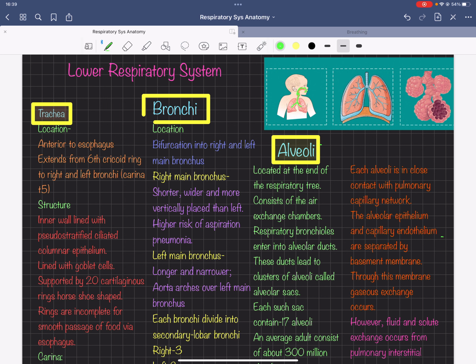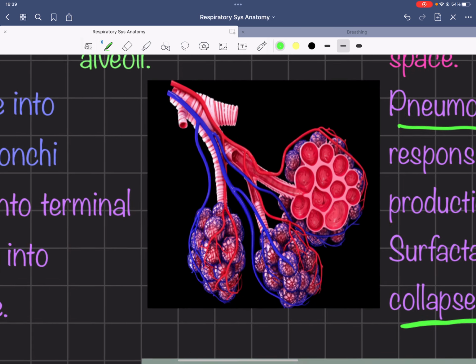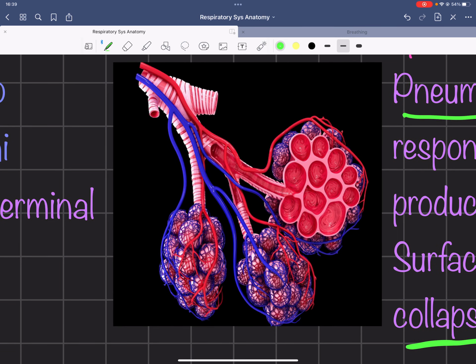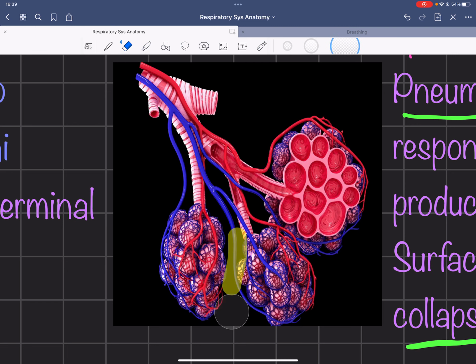So the next thing is that alveoli are primarily responsible for gaseous exchange, which is most important in our body. Here in detail we can see that the alveoli is lined with a large number of capillaries. These capillaries are responsible for bringing carbon dioxide into the alveolar area.